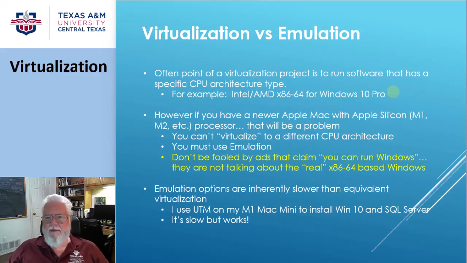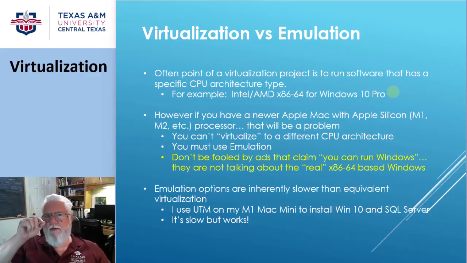So all right, one more time now. Often, the point of virtualization is to get you to be able to install some software that's specific for the class you're trying to run. For example, if you're doing a malware class, you might have to install some really cool malware detection routines.